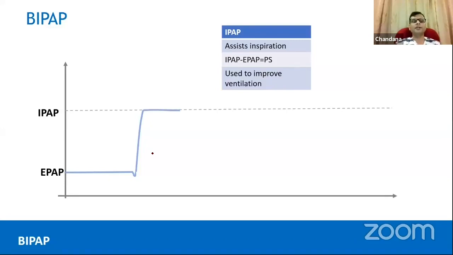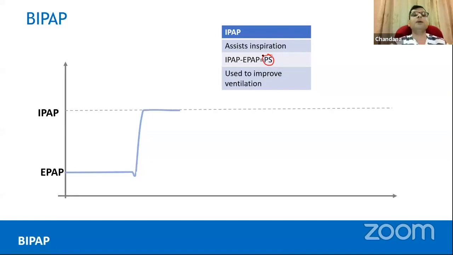In certain devices, they don't have this EPAP and IPAP mentioned. If you have a normal ventilator with what we call spontaneous mode or CPAP pressure support mode, you can use this spontaneous mode with the CPAP, and you can add pressure support in a normal ventilator, and you can still get a BiPAP kind of ventilation.